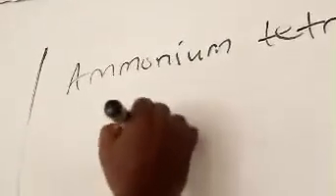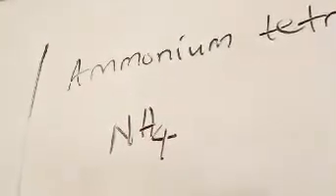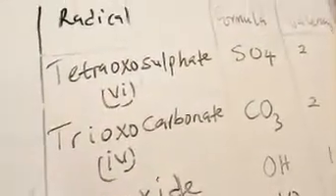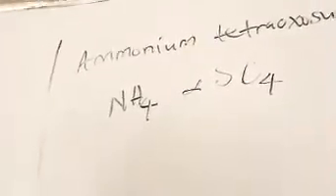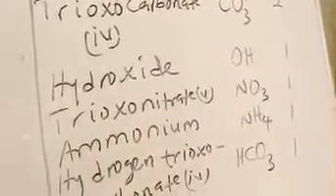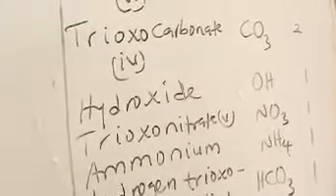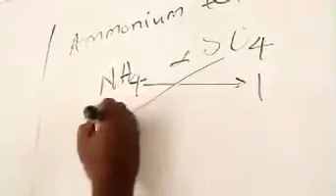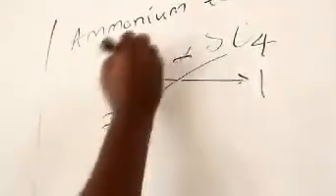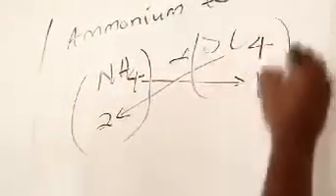The formula for ammonium is NH4, and then the combination sign, and you check the formula for tetraoxosulfate 6, which is SO4. Now, for them to exchange valencies, for ammonium the valency is 1. So ammonium takes its valency to tetraoxosulfate 6, and tetraoxosulfate 6 takes its valency to the side of ammonium. Now put them in brackets. This is how they form.